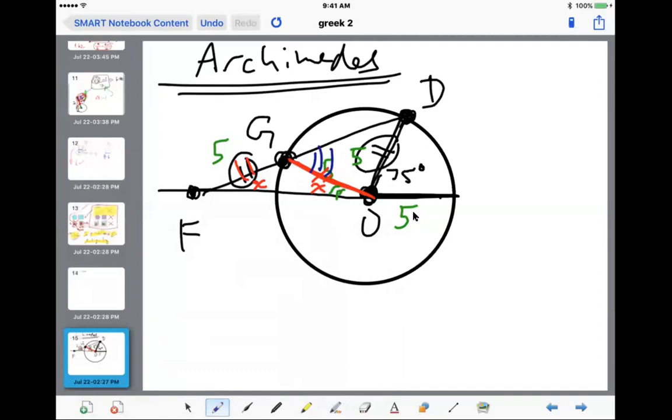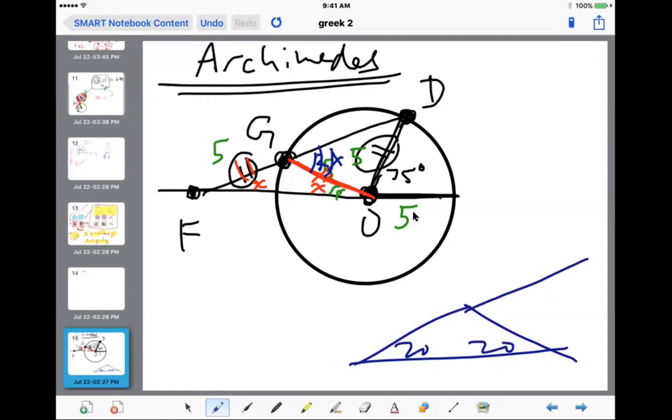Yes, it is 2x. It's x plus x. So I'm going to write in 2x there. If you don't believe that, let's imagine this is 20 degrees and 20 degrees. And then I went like this. You can see that this would be 140, which would make that 40.